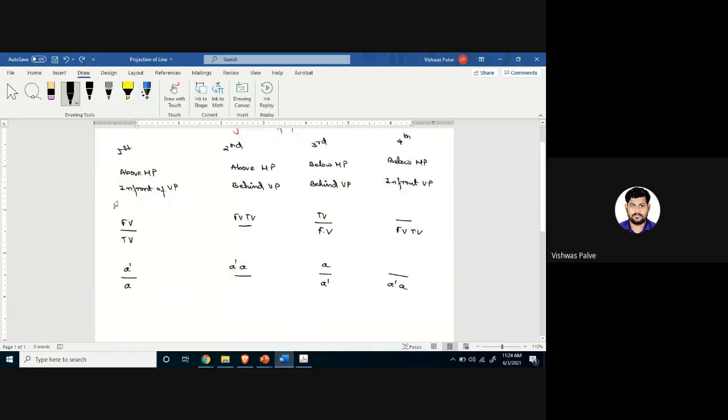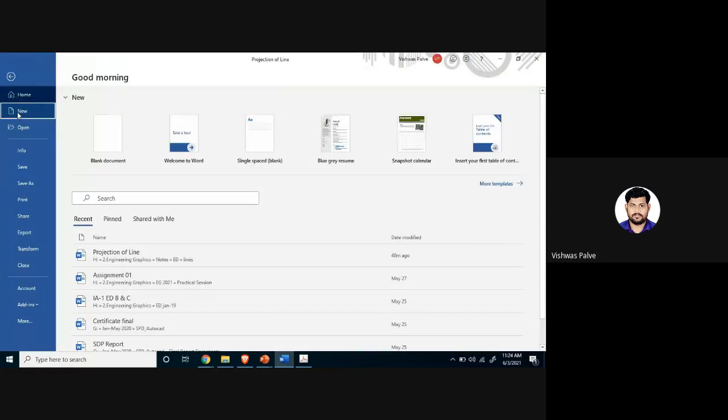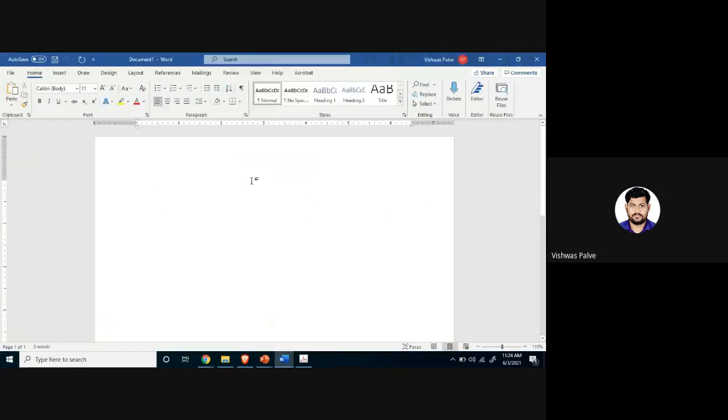So in today's lecture, we'll see the conditions for projection of straight lines. For that, I will first take a normal problem which is inclined to both the reference planes. In the last lecture, I taught you when a line is parallel to one of the reference planes, when it is parallel to VP, parallel to HP.